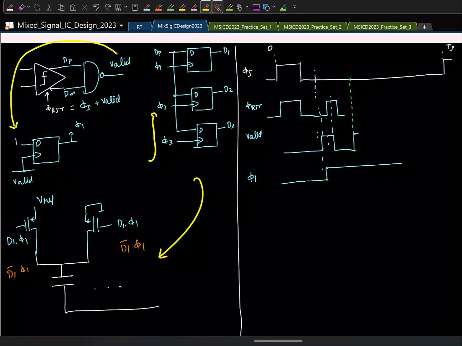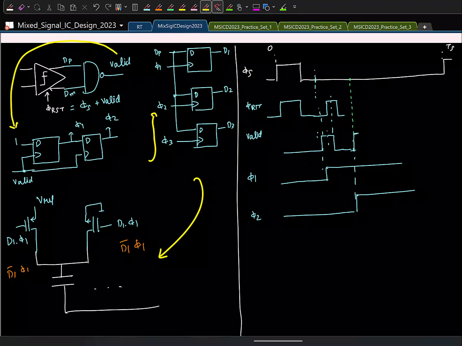So the second comparison is done. We have to generate the second clock phi 2, and I will do it like this. Same clock I will give. Now phi 2 will go high when phi 1 is 1 and when we have a rising edge in valid. So this will go high only when valid goes active the second time.